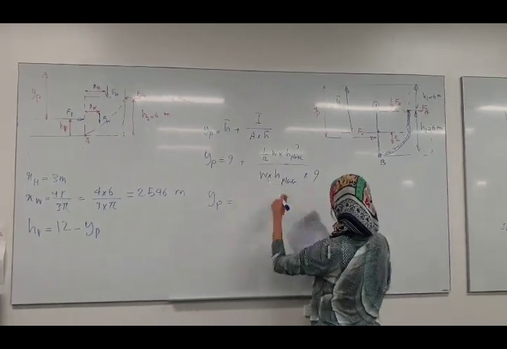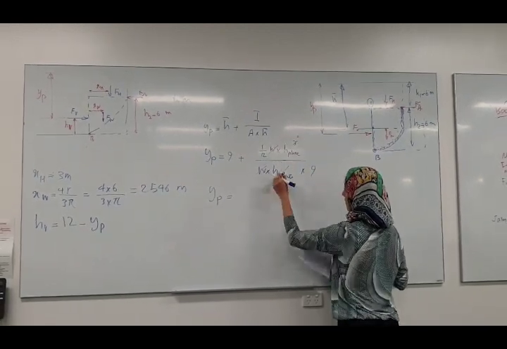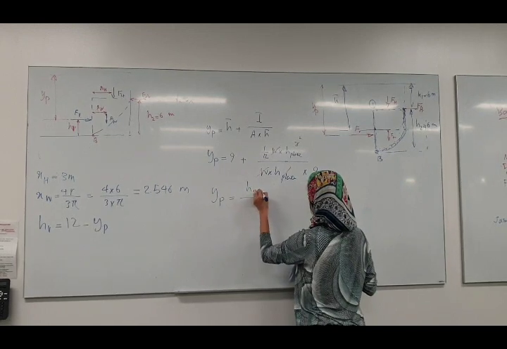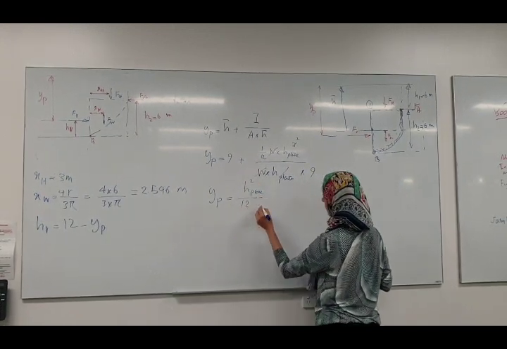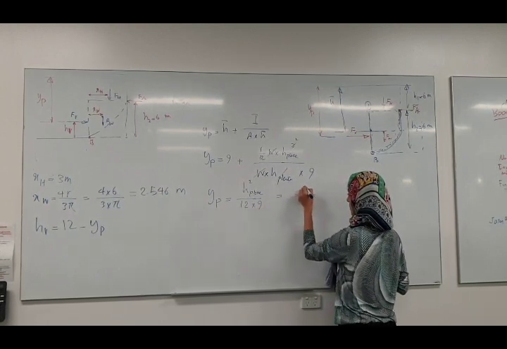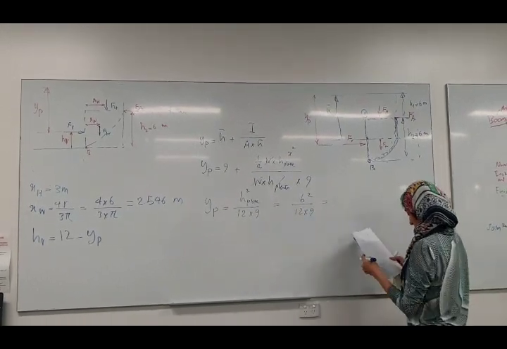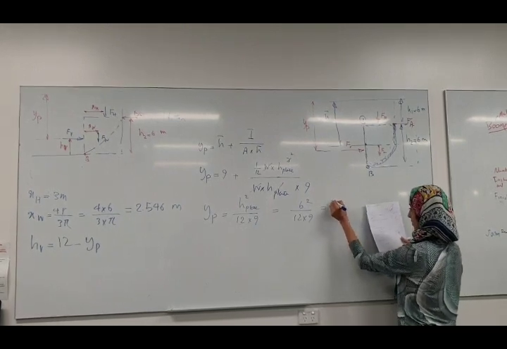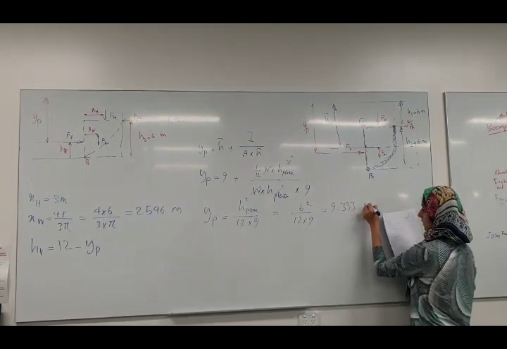Well, the W's just cancel out, and we will have h plate squared divided by 12 times 9, which is 6 meters squared divided by 12 divided by 9, and the answer is about 0.667 meters, so YP is 9.333 meters.